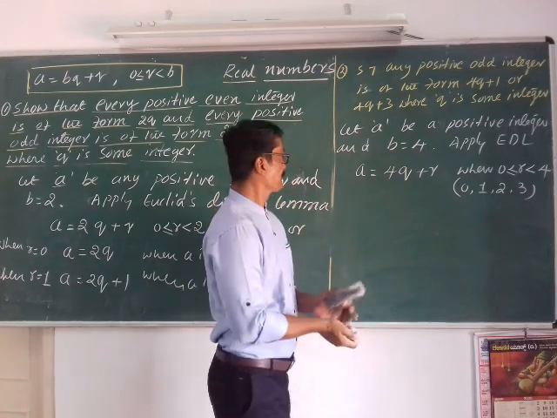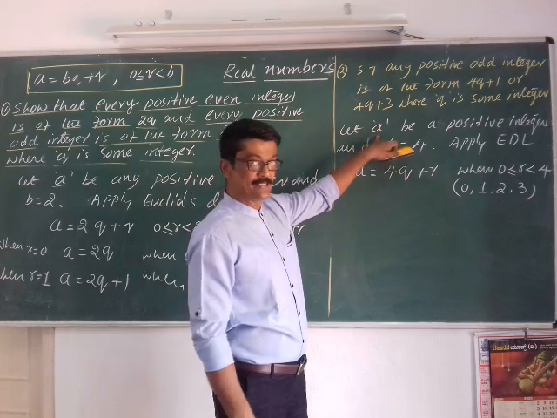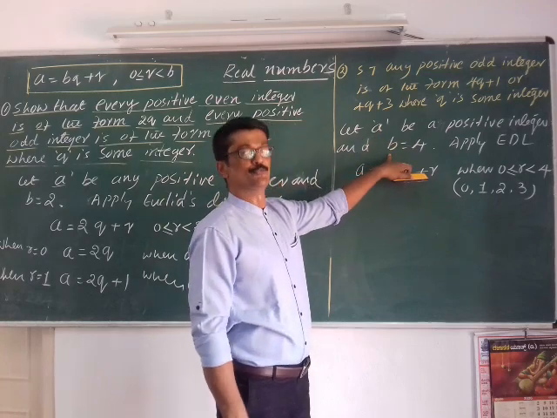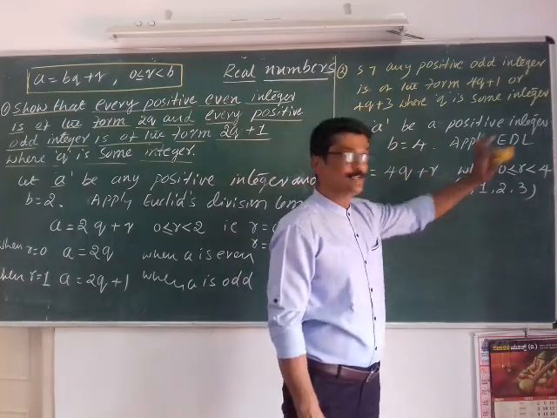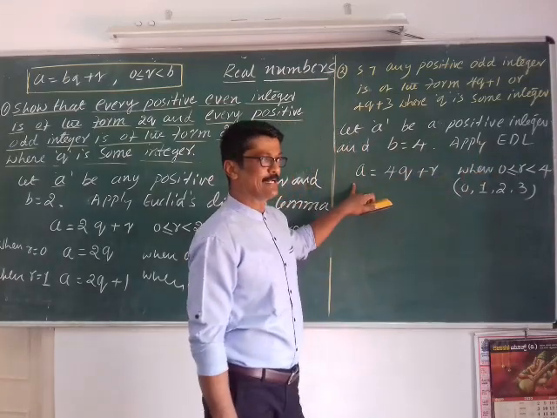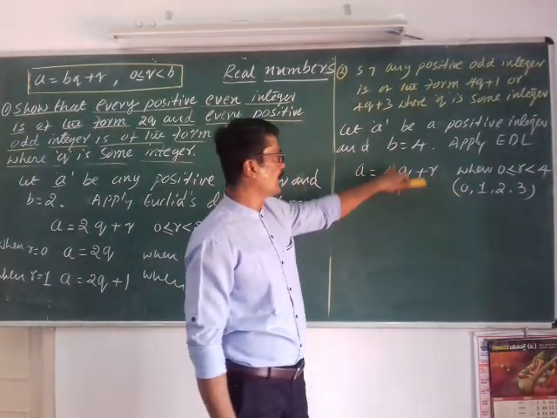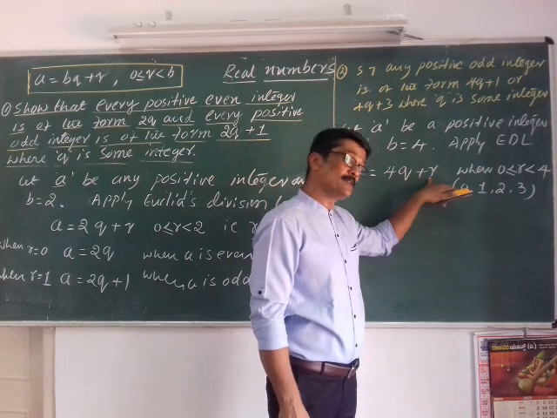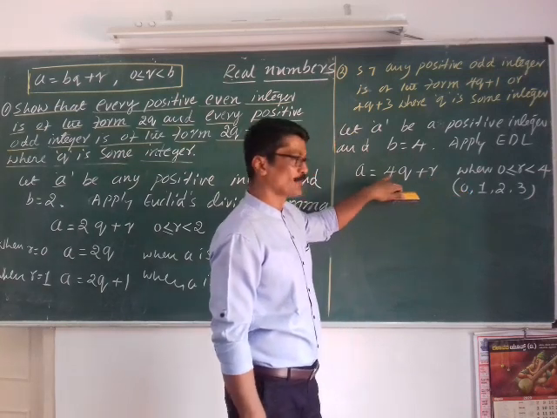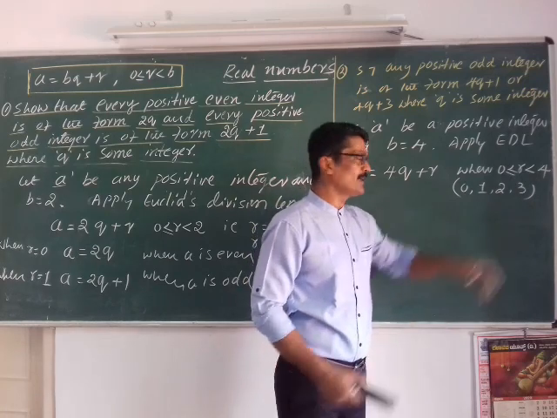Did you understand? Let a be a positive integer, that is the dividend, and b is 4. Divisor I have taken as 4. Apply Euclid's division lemma, you will get a is equal to 4q plus r. The only known quantity here is 4. And if the divisor is 4, the remainders are either 0 or 1 or 2 or 3.